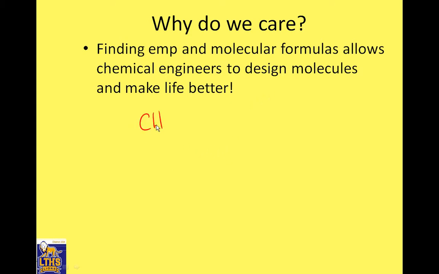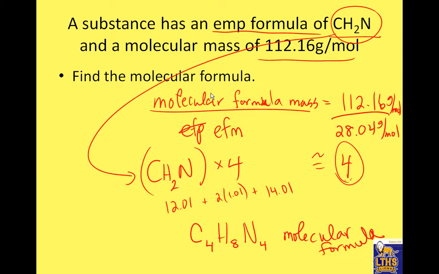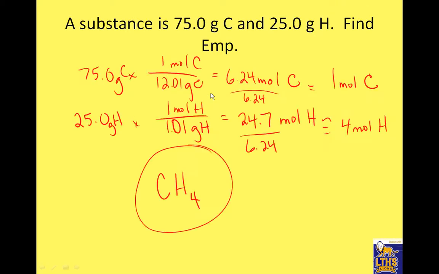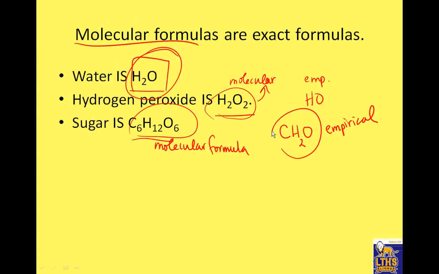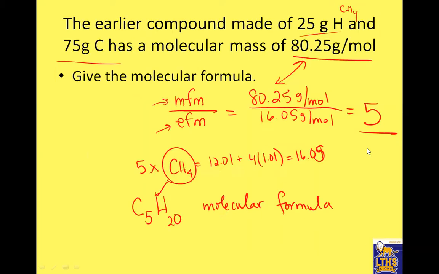So we had two. We had CH2O, which was the empirical formula of formaldehyde. And then later, we had that same empirical formula here, right? But is sugar and formaldehyde the same thing? No stinking way.